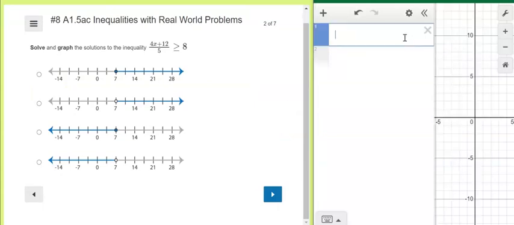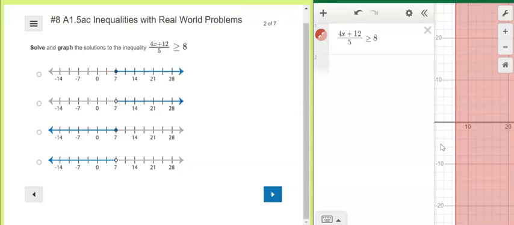Same thing here. Let me go ahead and do this one in Desmos, and then maybe I'll show you how to do it by hand, or maybe not. Let's see how I feel. All right, so I plugged it in. Press the home button. If you don't see your answer, just make sure to zoom out.